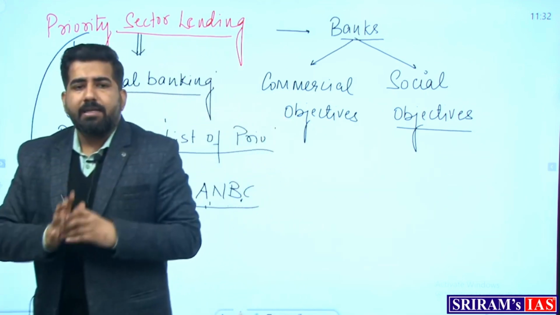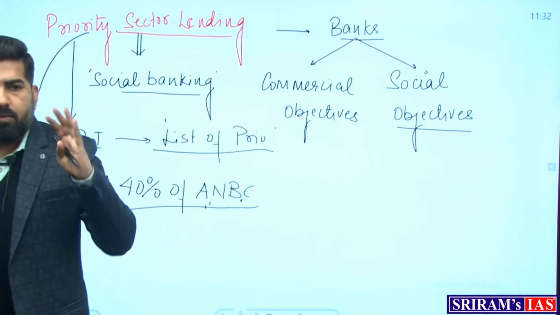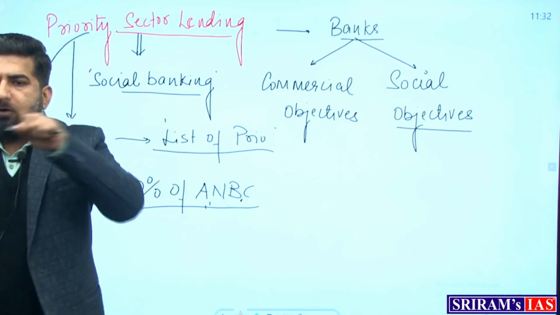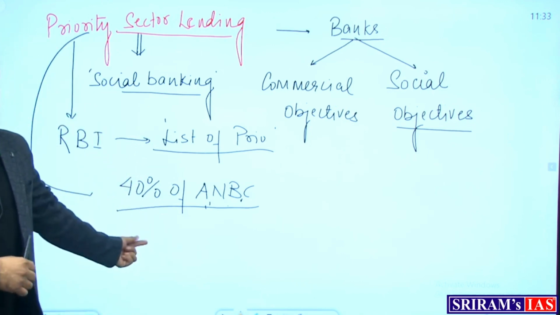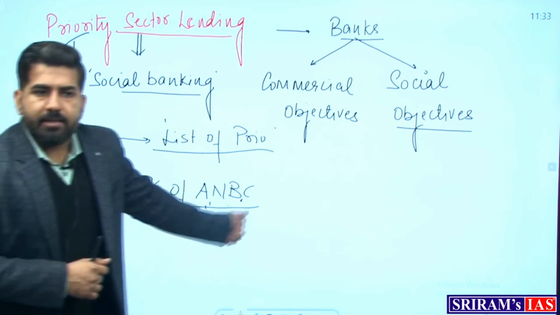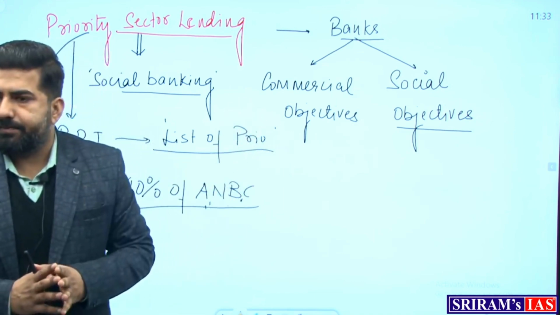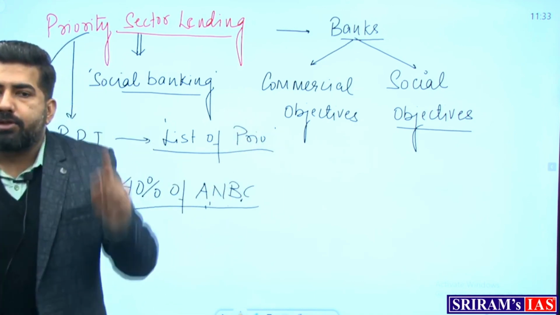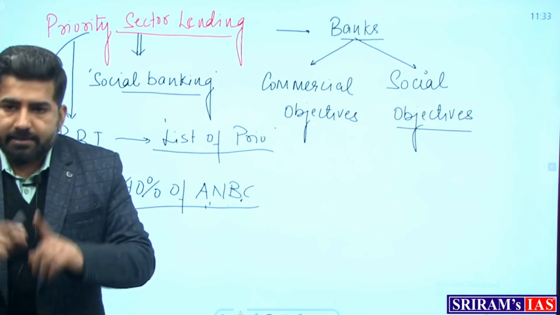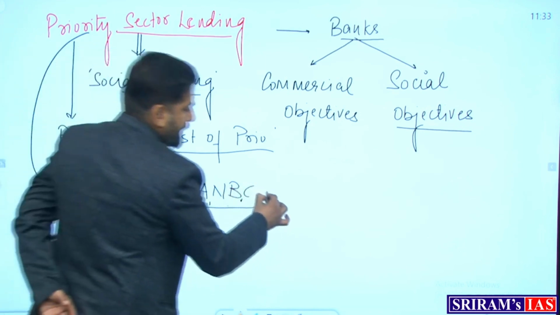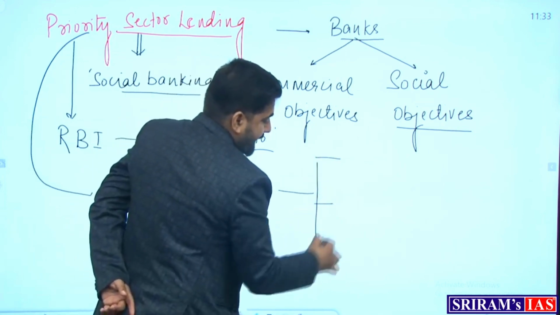Now banks, try to understand, one requirement they have is 40% of the total loan should be going to the priority sectors. But it's not just about the overall target. Apart from the overall target, there are sub-targets also.